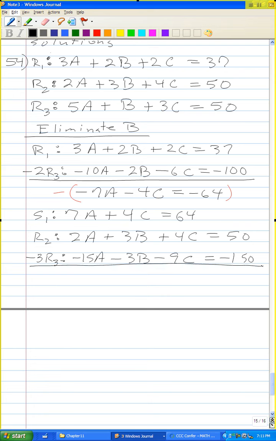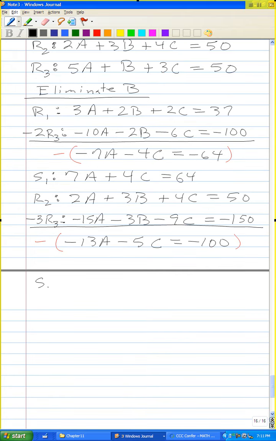Let's add these. And so I get minus 13A minus 5C equals negative 100. And I guess let me divide by negative 1. And so I have here S2, 13A plus 5C is 100. Okay, well, there's nothing good there.